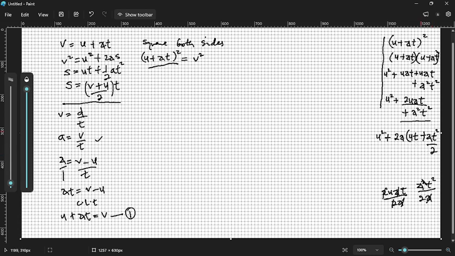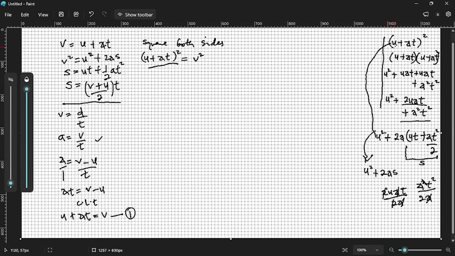Now, this expression will give rise to this, but then again, we'll replace this with x, so that what we'll now have will be U squared plus 2ax.